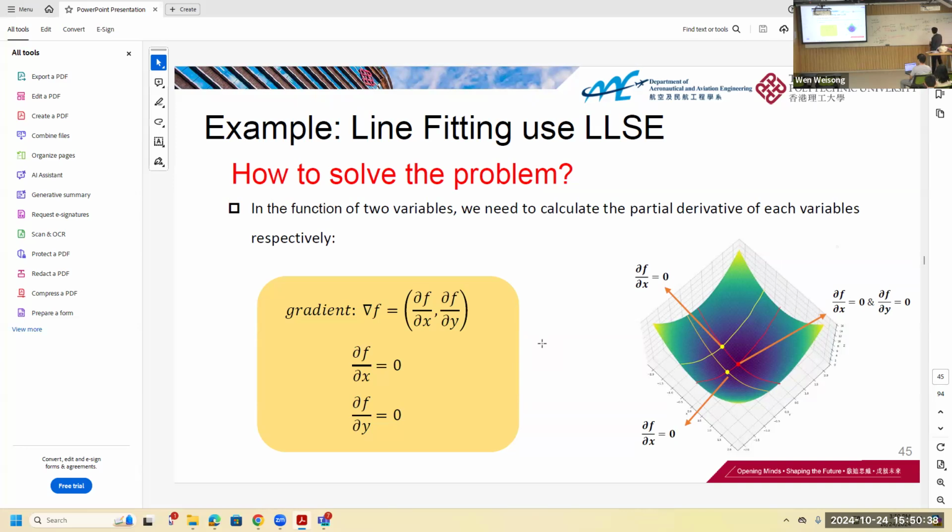For example, if you want to calculate the partial differential for b, it means you want to calculate the partial differential of a square plus b square, with a x i plus b y i plus c, all squared, because there is a square over there.